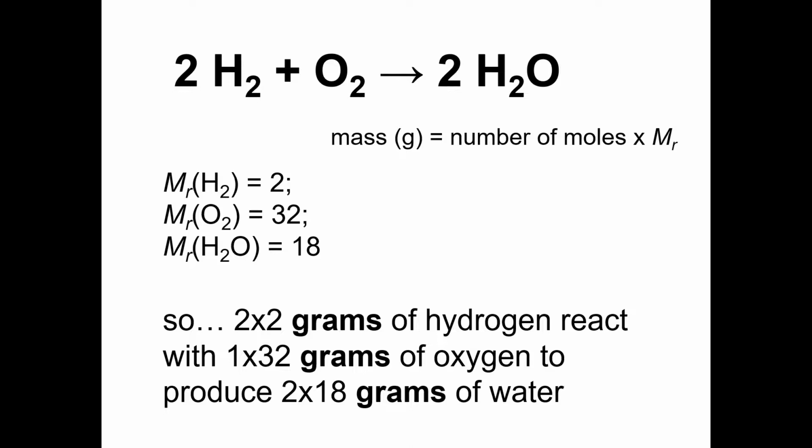So we've turned our equation, we've done some calculations, and we've turned that equation into the same thing but in grams. And these are the rules of chemistry. This is why chemists need to be really careful of what they use in a reaction so they can control the amount of things they are making.